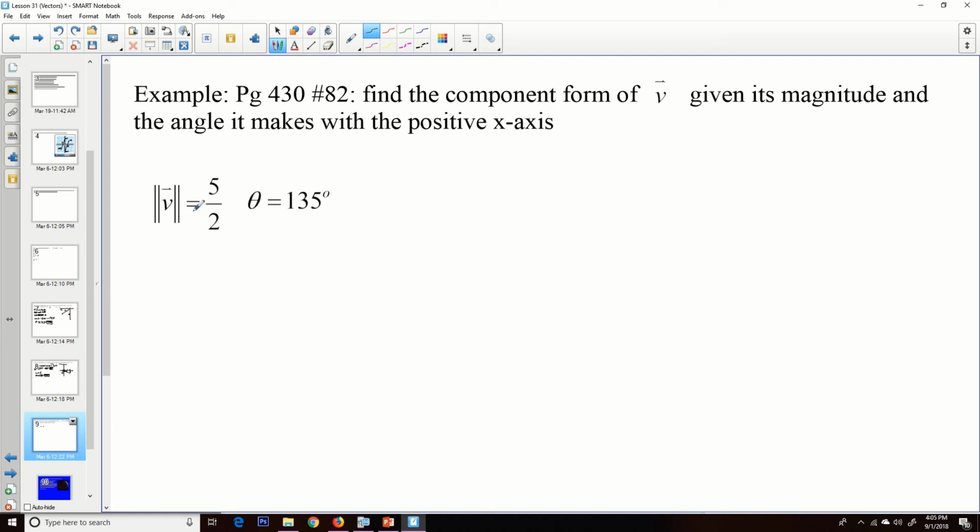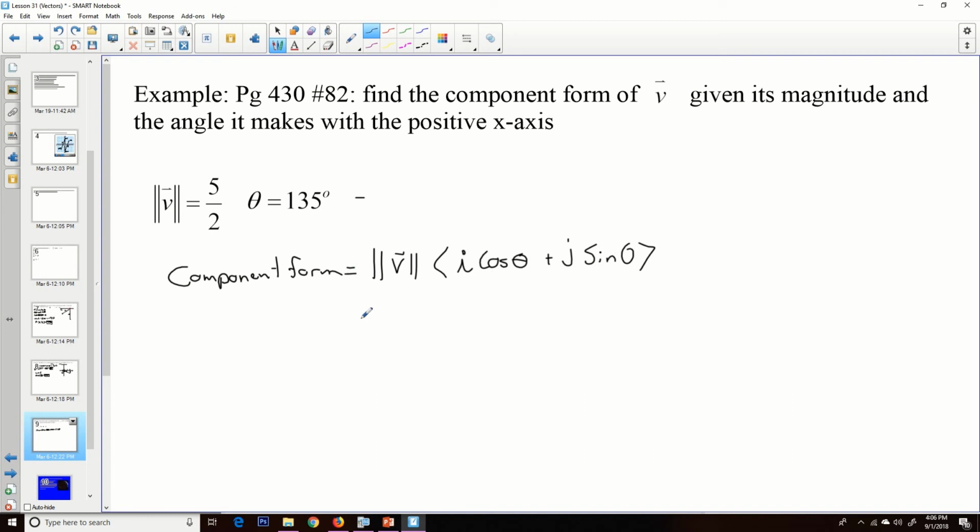So what we could do here is we could say that the component form is going to be the magnitude of v multiplied by the horizontal vector i times the cosine of theta plus the j vector times the sine of theta.